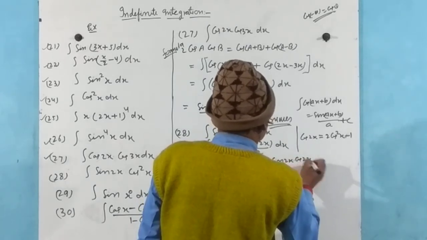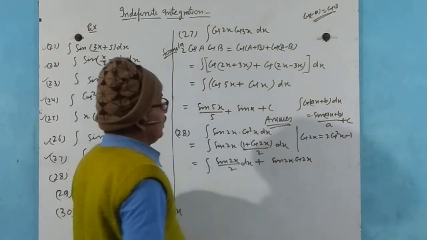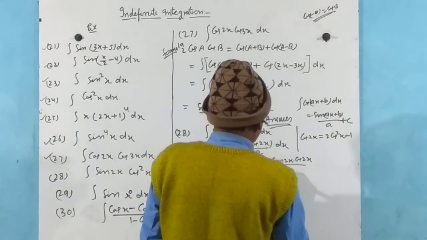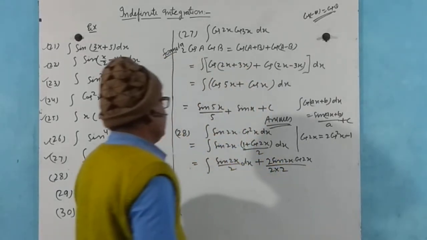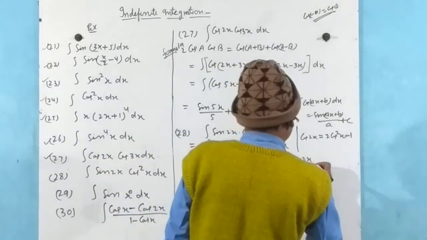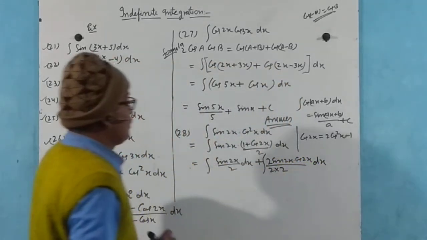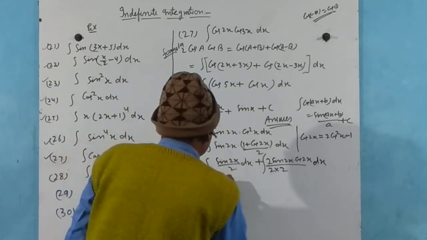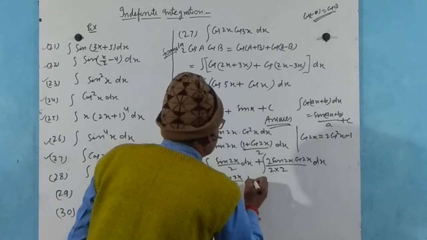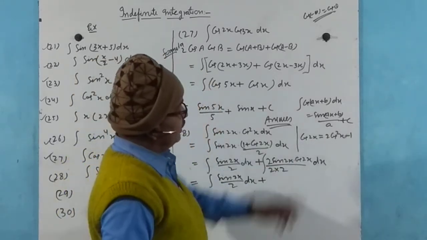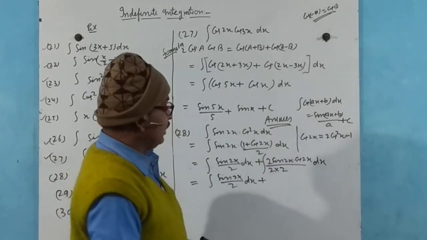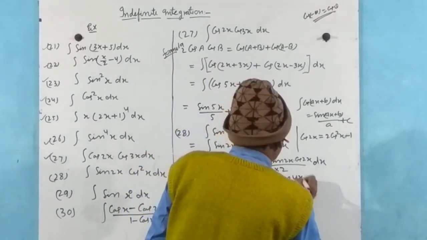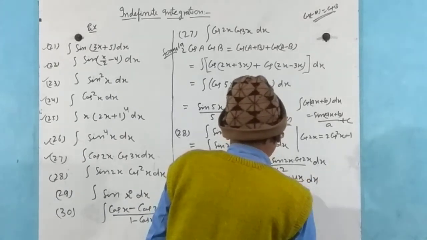Here if we multiply by 2, then 2 sin x cos x is equal to sin 2x, so here 2 sin 2x cos 2x is equal to sin 4x divided by 4 dx, the integration of this.